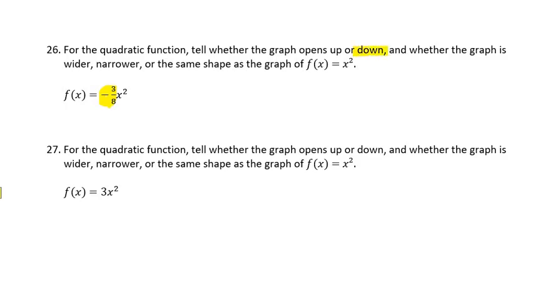And because the absolute value of that leading coefficient is less than 1, my graph is going to be wider. For problem 27, a positive leading coefficient, my graph is going to open up, and it's going to be narrower because it's going to go up about 3 times as fast as my parent function.